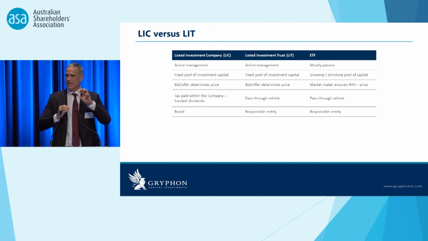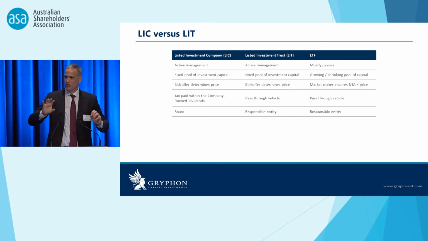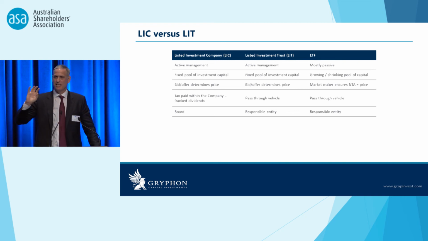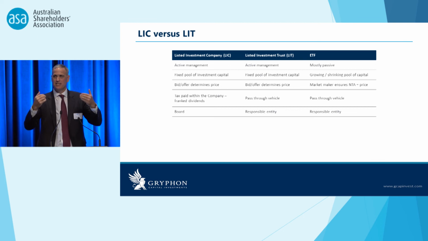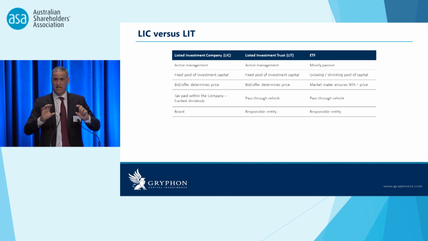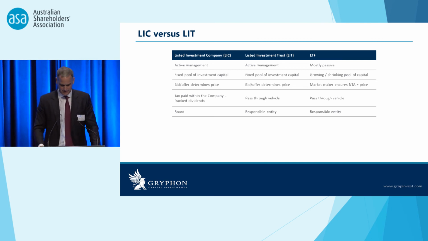When you invest in assets in an LIT, the income generated off those assets is passed through to the unit holder in terms of what we refer to as a distribution, but it's untaxed. It's taxable in your hands. Whereas in an LIC, the income generated on the assets is taxed within the company, and then if they choose to pay dividends, would come in the form of franked dividends.